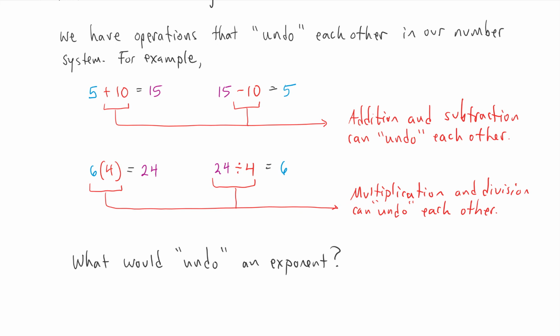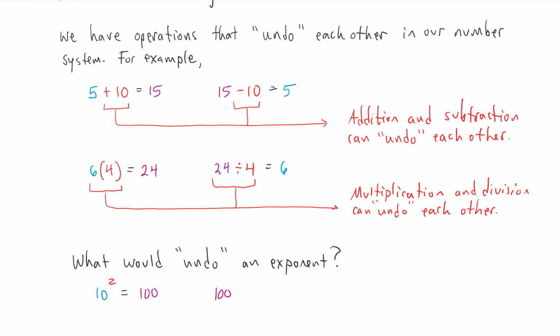So what if you squared something, got a number, and thought, oh, I don't want that number. I want to go back to what I started with. Okay, so what if you had the number 10 and you squared it and you get 100 and you're thinking, wait a minute, I don't want the 100. I want to go back to the 10 that I started with.